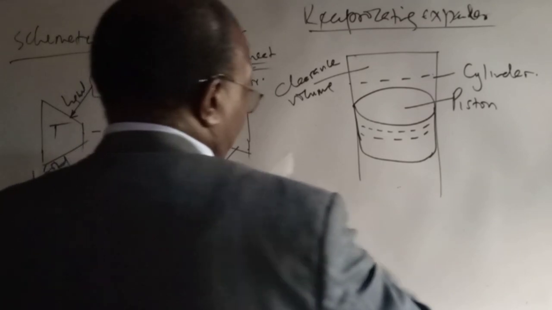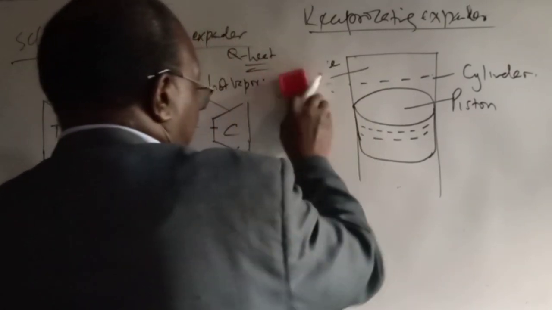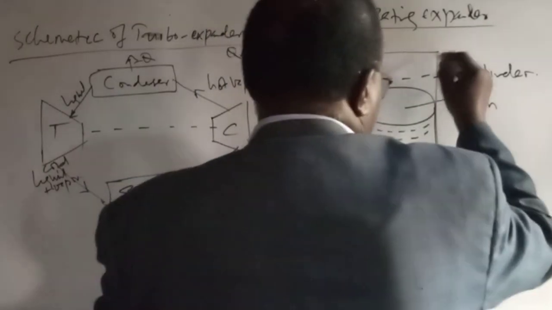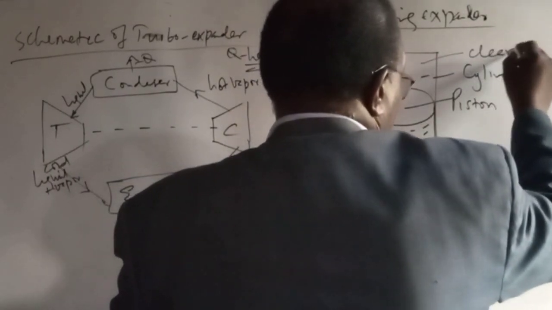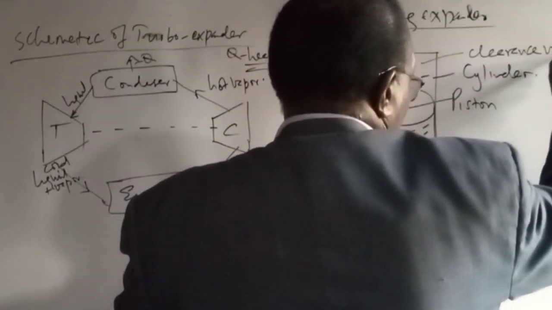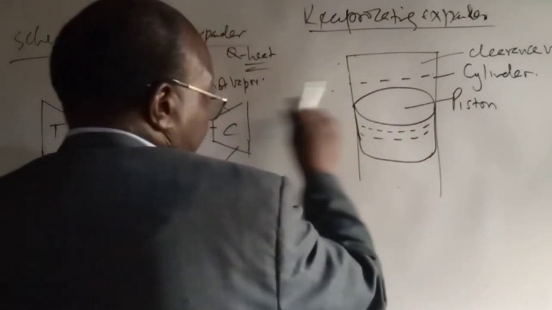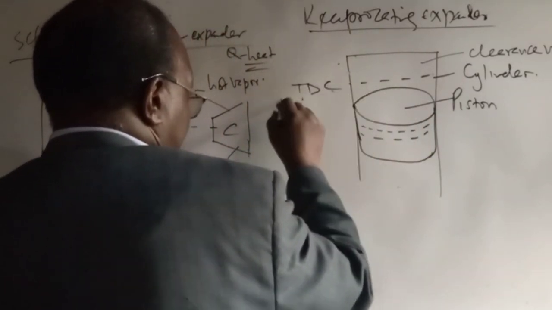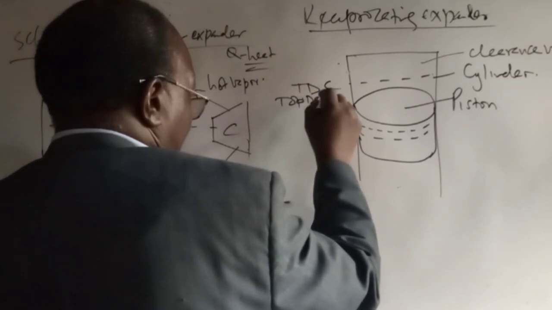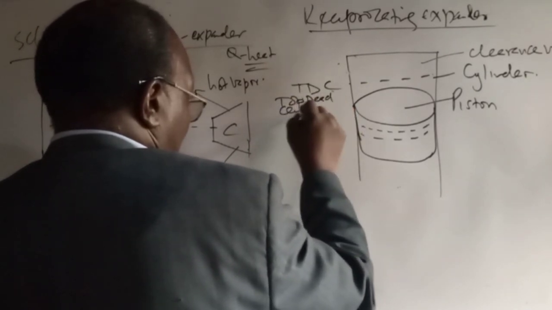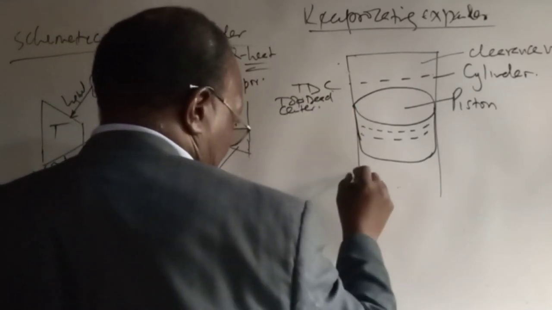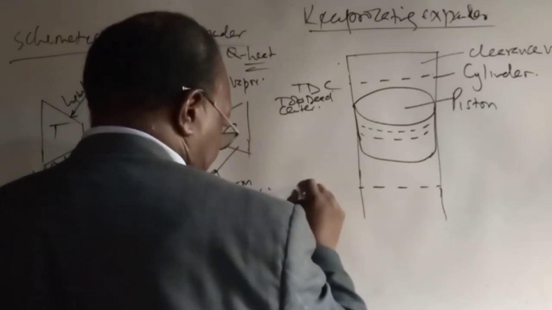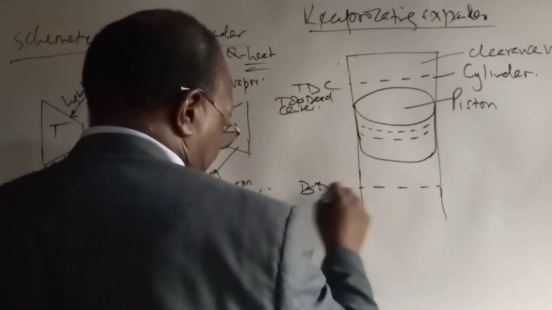Let's say clearance volume. And here we have the top dead center, TDC. Down here, you have the bottom dead center, BDC.